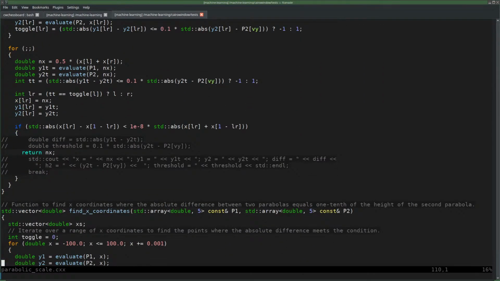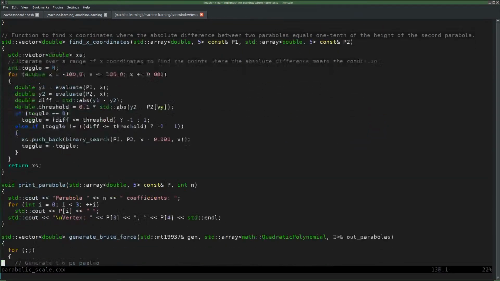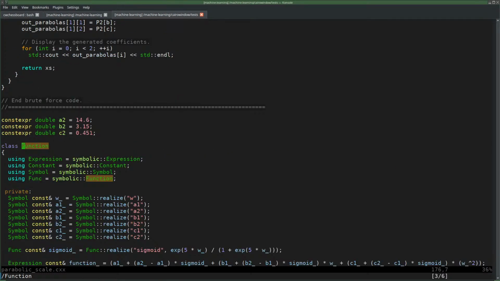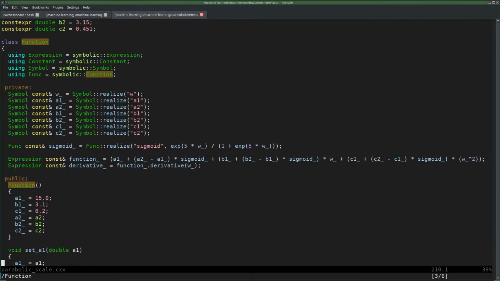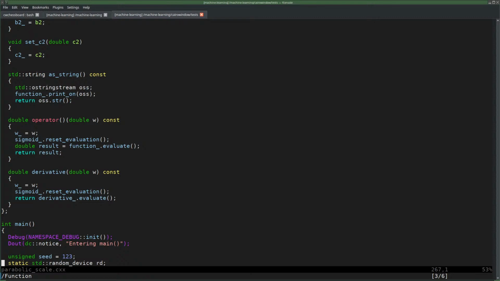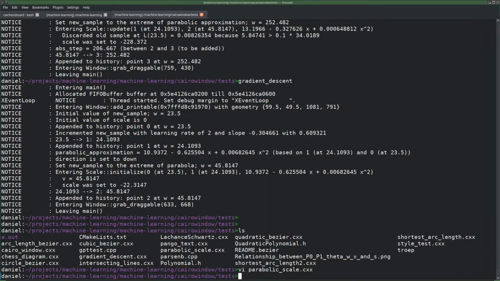I'm not even using that function anymore when I think about it. So I probably should move this function over to the gradient descent and then try this one. Let's do that.